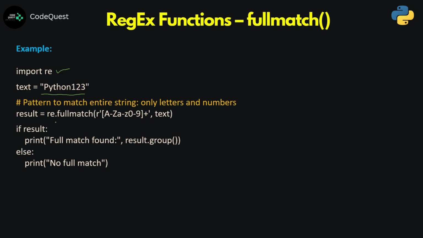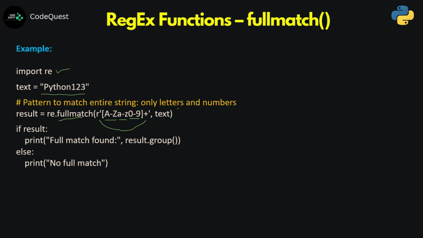Now I'm going to use this fullmatch, but this time we are going to specify a pattern. So what does this pattern indicate? We have already mentioned that capital A-Z means any alphabet between capital A to capital Z. Small a-z means any alphabet in lowercase from small a to small z. And 0-9 is nothing but any decimal digit from 0 to 9.